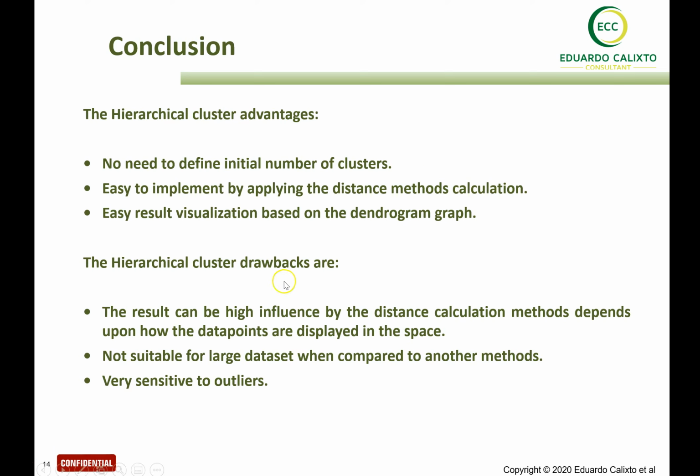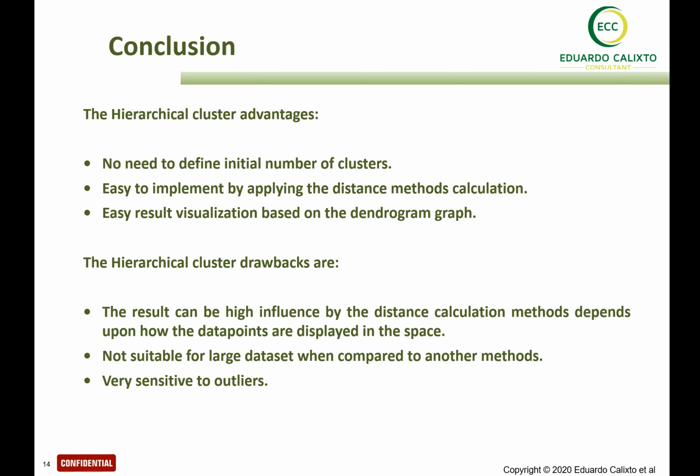Okay, the drawbacks are the result can be highly influenced by the distance calculation method, and it depends upon how the data points are displayed in space. So if you have outlier data that is away from most of the data where the data are concentrated, that will influence, of course, the clustering.